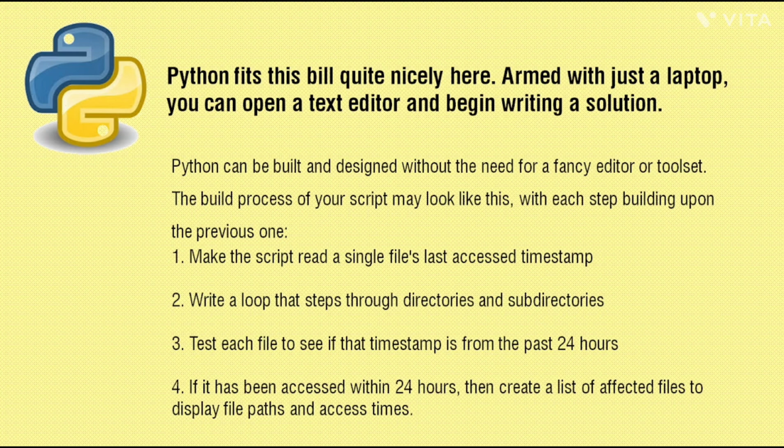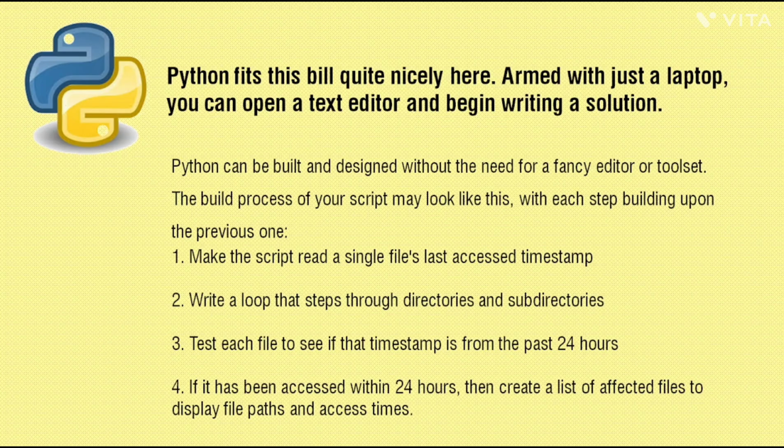First, make the script read a single file's last access timestamp. Second, write a loop that steps through directories and subdirectories. Third, test each file to see if that timestamp is from the past 24 hours.